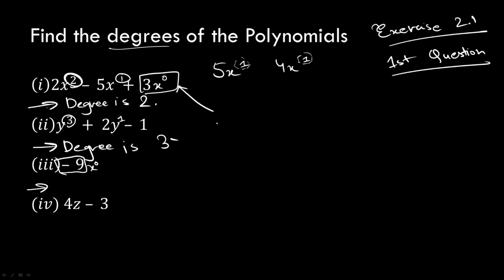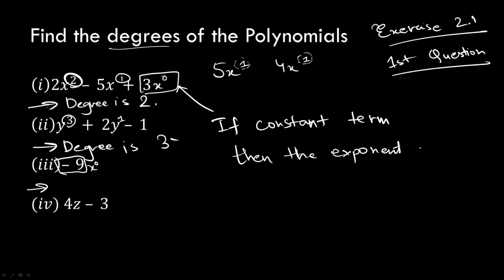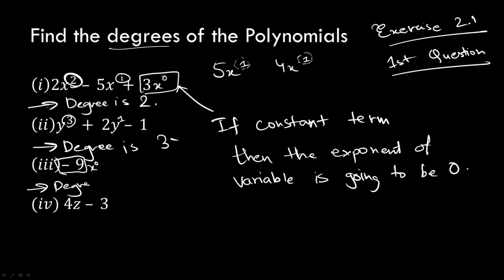We learned here that if there is a constant term, then the exponent of the variable is going to be 0. So the answer is that the degree of the polynomial is 0.